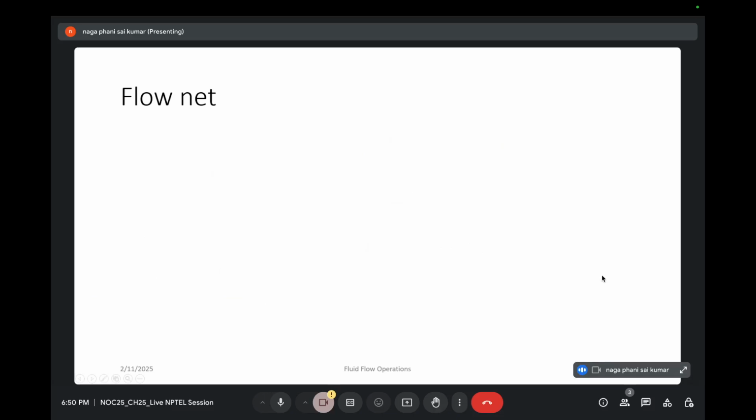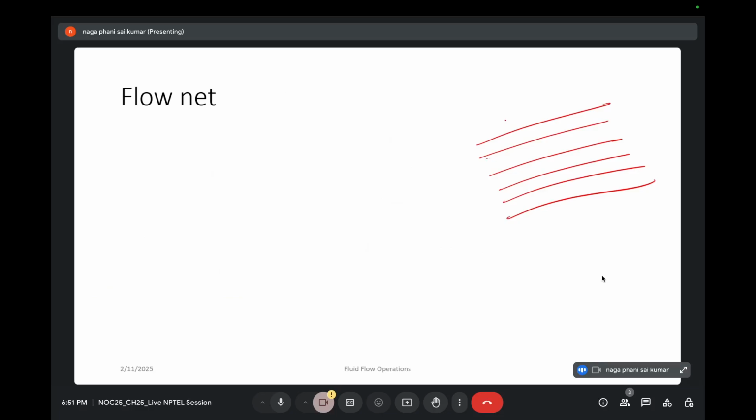So now moving on to flow net. This is a graphical representation of streamlines and perpendicular equipotential lines. So let's say we have streamlines, and then we have equipotential lines.